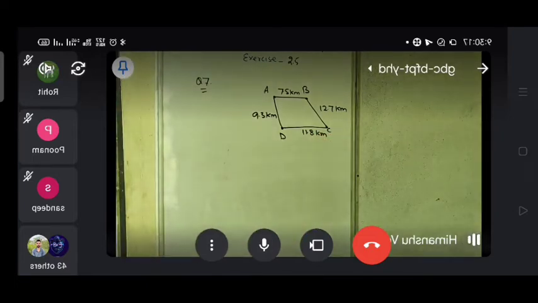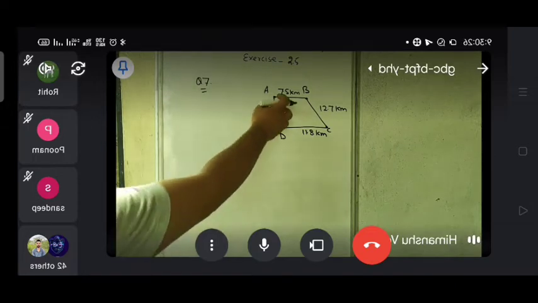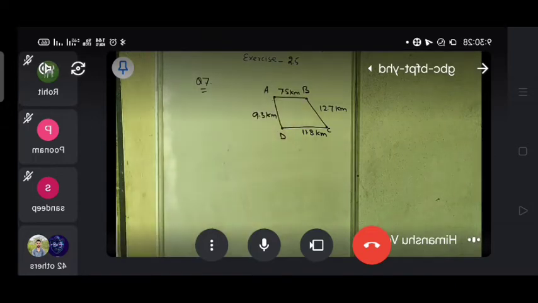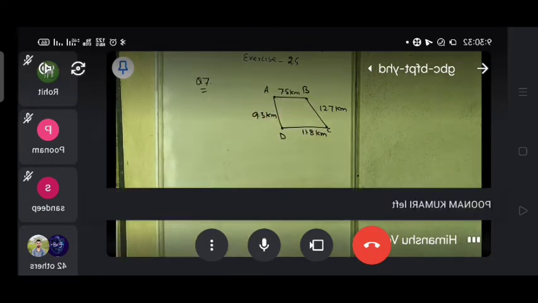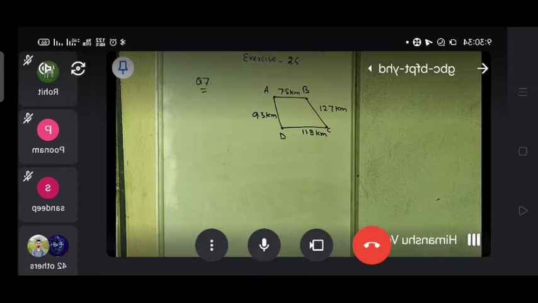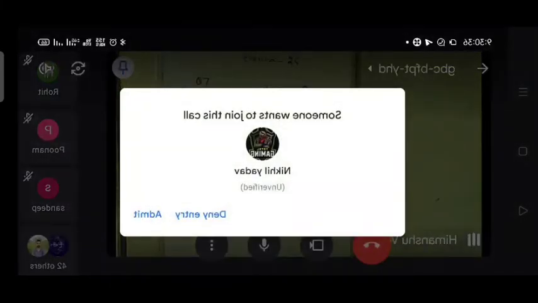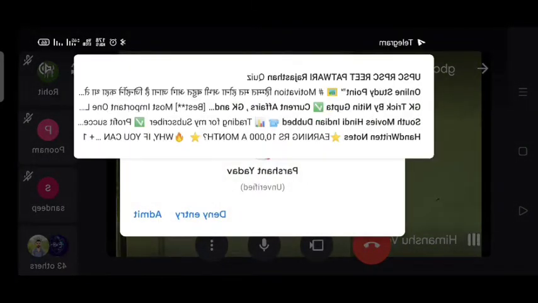Dinesh went from A to B and from there to place C. A to B is 7.5 kilometer and B to C is 12.7 kilometer. Ayub went from place A to place D and from there to place C. So there are two persons, and they take different paths.